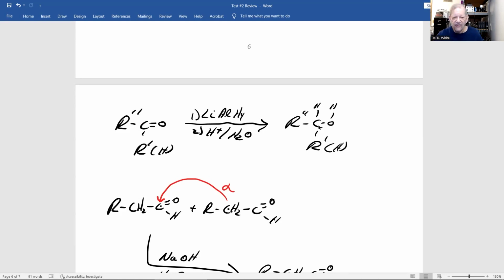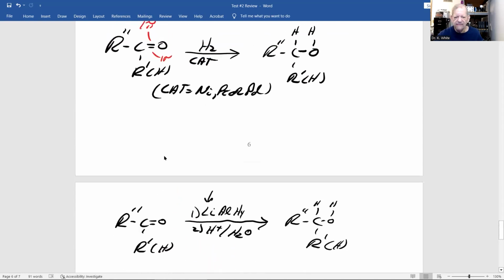Now, if I take the reagent lithium aluminum hydride, LiAlH4, which was invented by a great organic chemist, Dr. Herbert C. Brown, who was at Purdue right around World War II and later won the Nobel Prize for this. If you react lithium aluminum hydride with an aldehyde or ketone, this reacts just like hydrogenation.